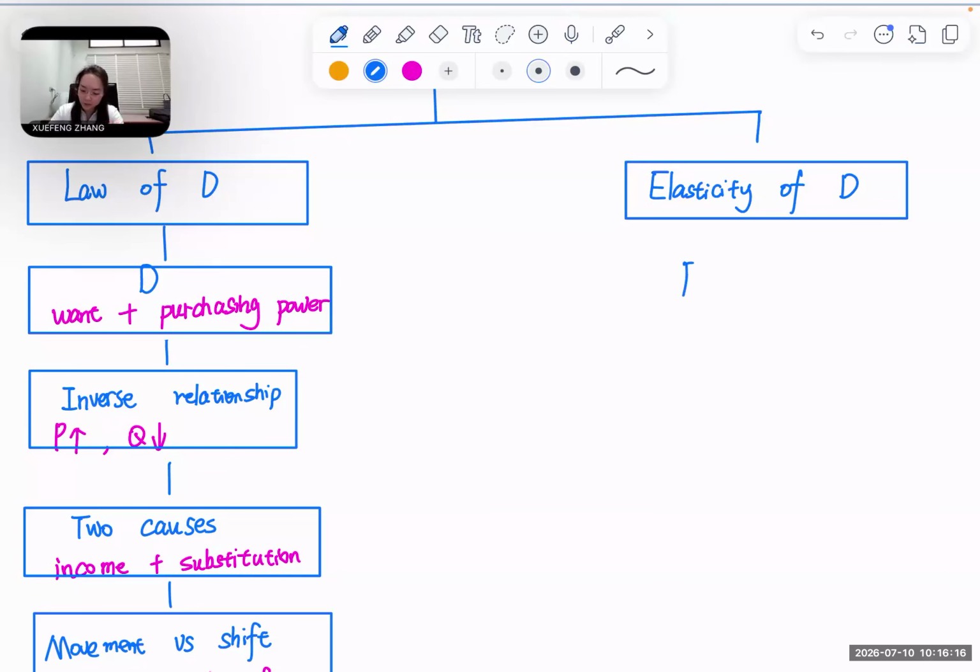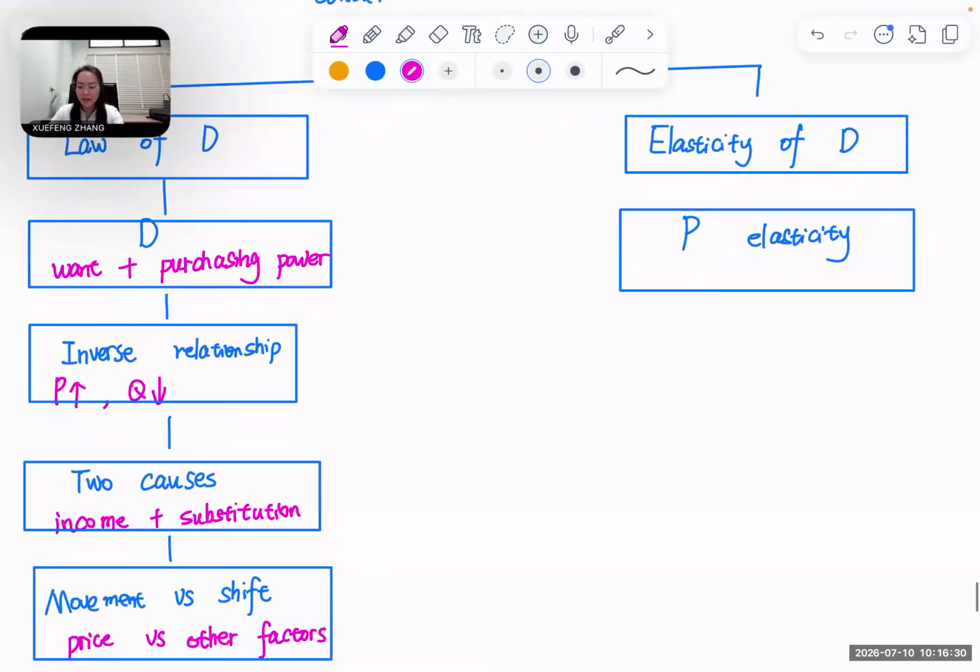The first one, price elasticity. And we can tell that according to price elasticity, we can see the goods are necessity or luxury.